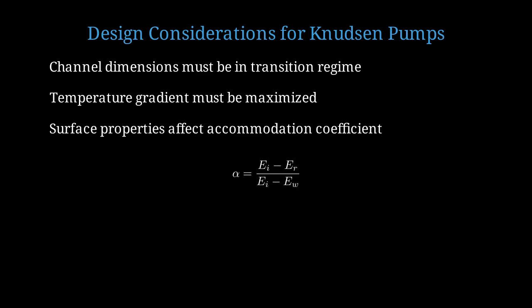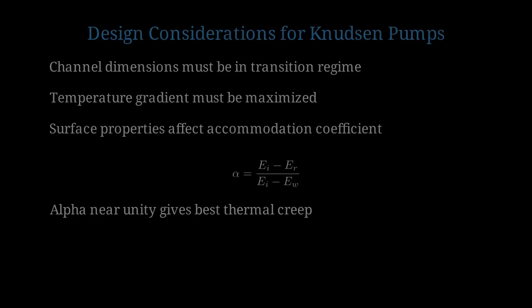The accommodation coefficient alpha equals (E_I minus E_R) divided by (E_I minus E_W), where E_I is incident energy, E_R is reflected energy, and E_W is wall energy. An accommodation coefficient near unity gives the strongest thermal creep effect.